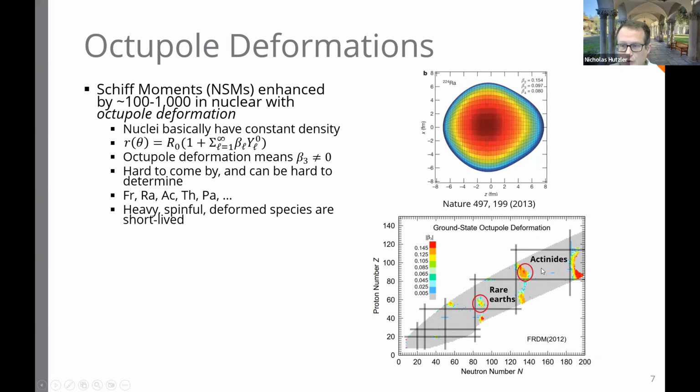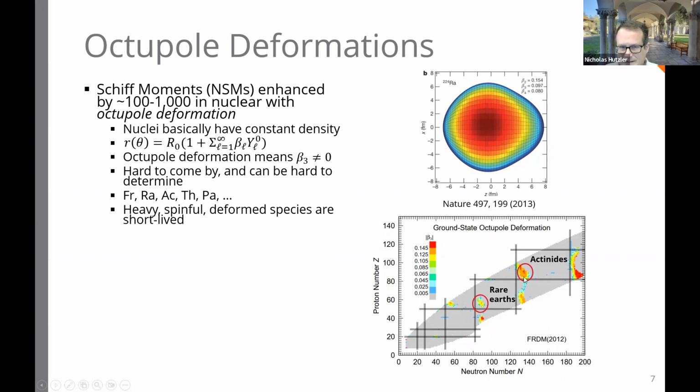are two accessible regions, meaning quasi-stable nuclei. These ones are not very stable. But in the actinides and rare earths, there are some pockets where there are nuclei with octupole deformations.